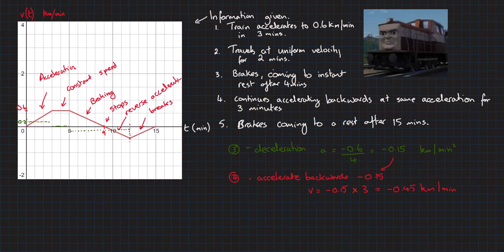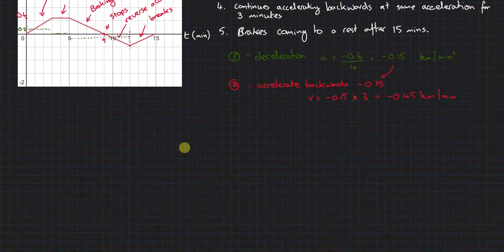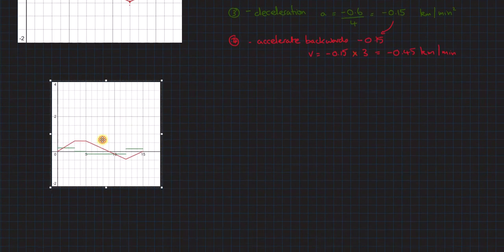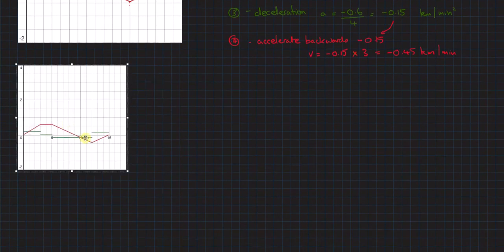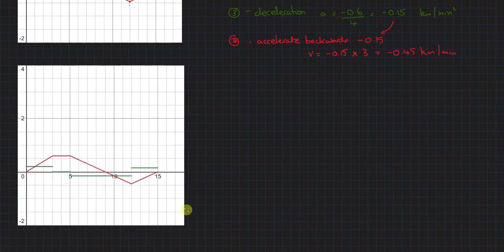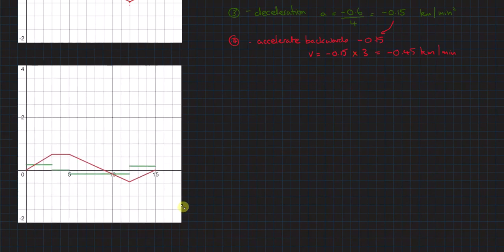So I'm going to bring in the better version of the graph, with those values on those bits of graph put in. And let's put in everything we can. So we now know this is minus 0.45. No, this is 0.6.